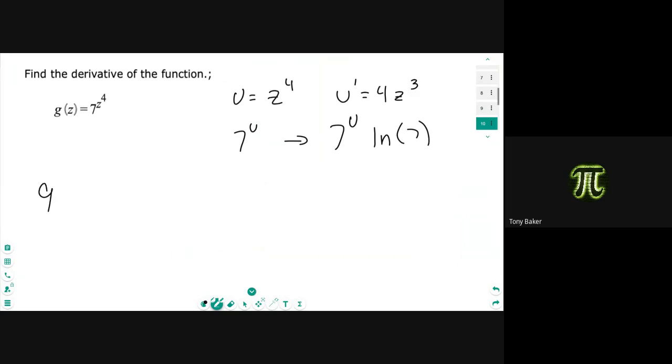So g prime of z is going to be 4z to the 3rd times 7z to the 4th times ln of 7. The fear is when you try to do what you did, you're going to forget to put the 4z to the 3rd in the answer.